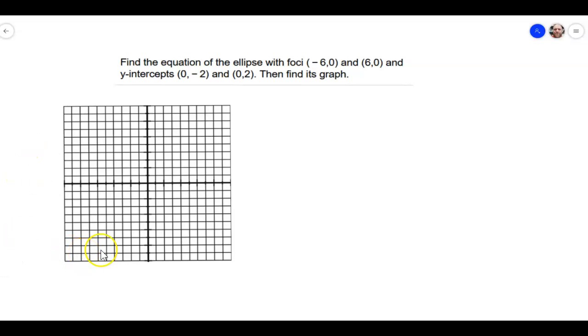That means that if we graph these two foci here at (-6, 0) and (6, 0), so let's go ahead and do that. So 1, 2, 3, 4, 5, 6, and 1, 2, 3, 4, 5, 6. So these are not actually part of the graph. They're just used to help us graph this ellipse.